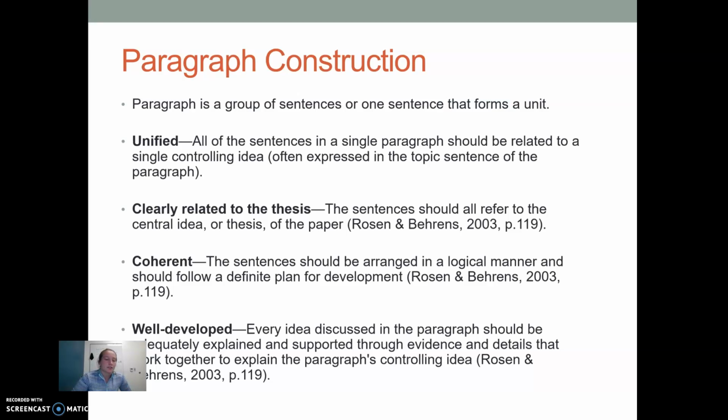As I was reading these points again, it reminded me of math back in elementary school. You start with maybe the idea of 2 + 2 = 4, and then you get to the test, and this is what it would be like if your paper was not clear or unified or coherent.